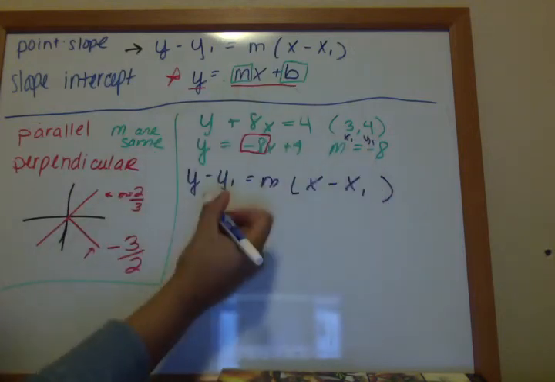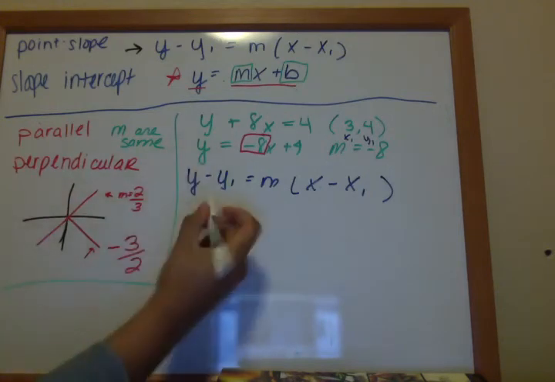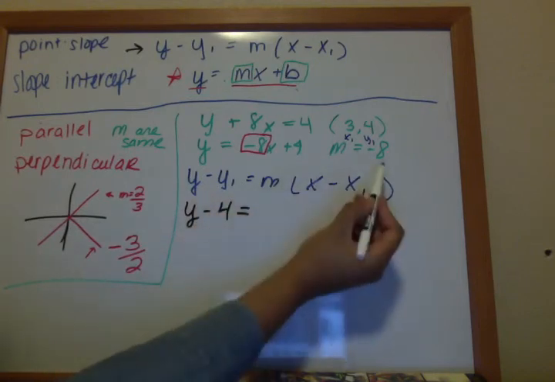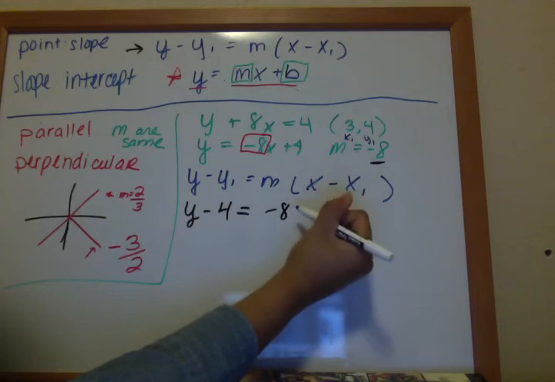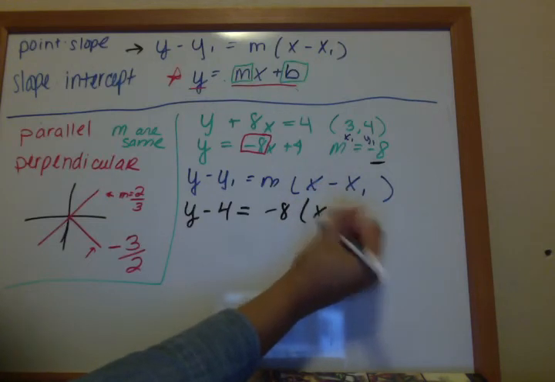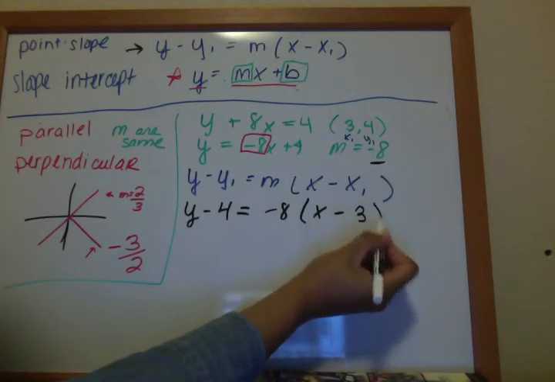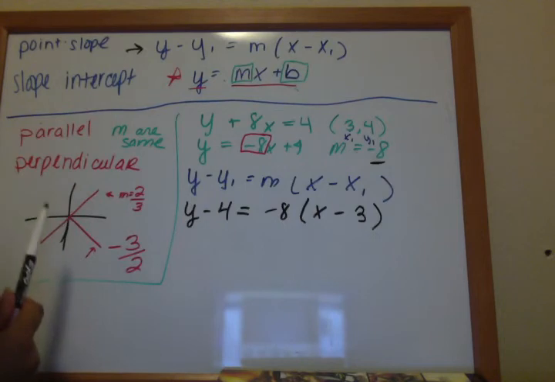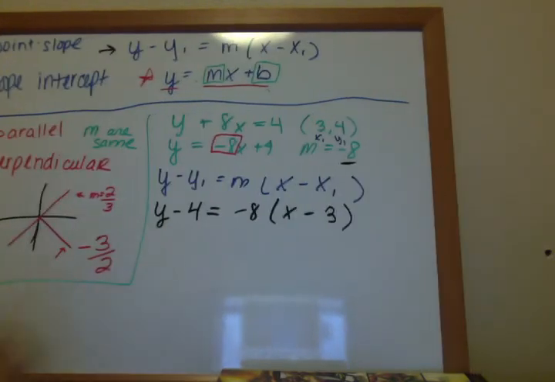So our x1 is here, y1 is here. So we're just going to plug numbers in. Okay? So you're going to get y minus 4 equals, we found our slope here, negative 8 times x minus 3.